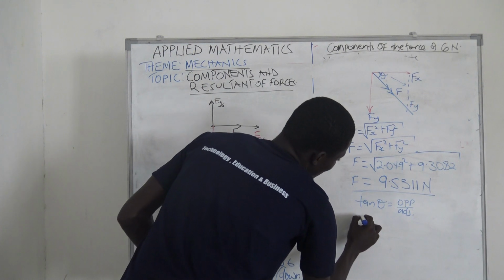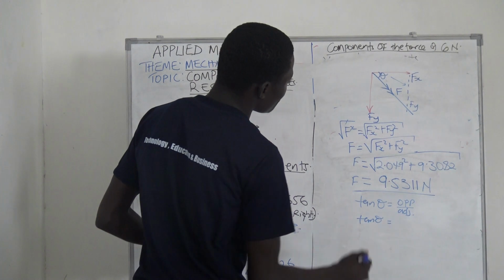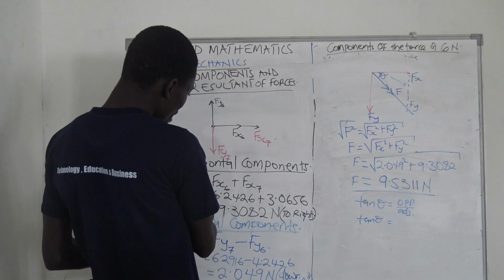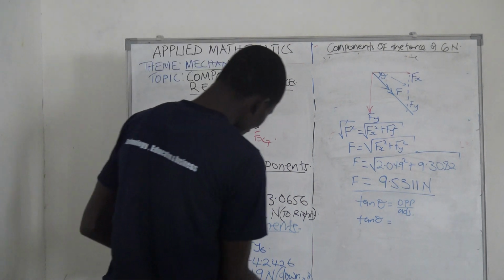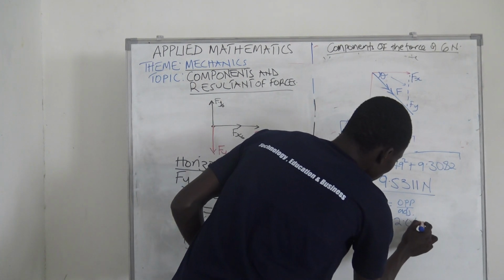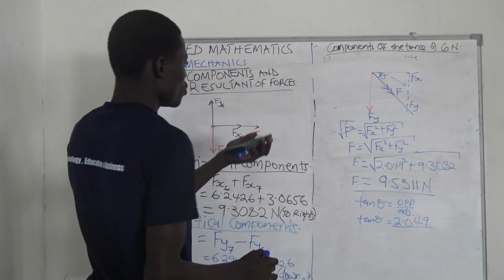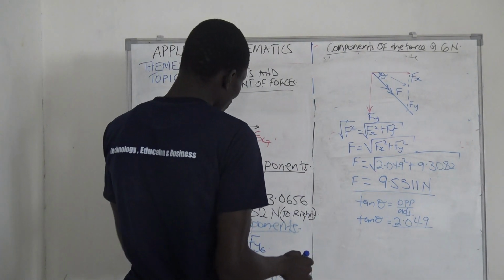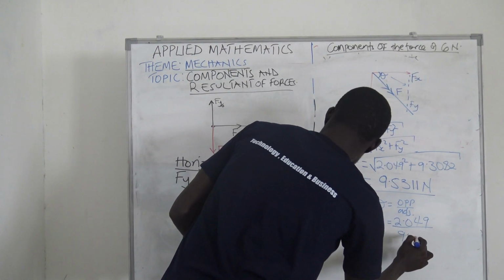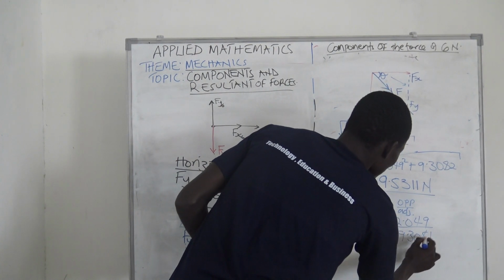So our tan star equals opposite, which is Fy, 2.049, divided by Fx, which is adjacent, 9.3082.